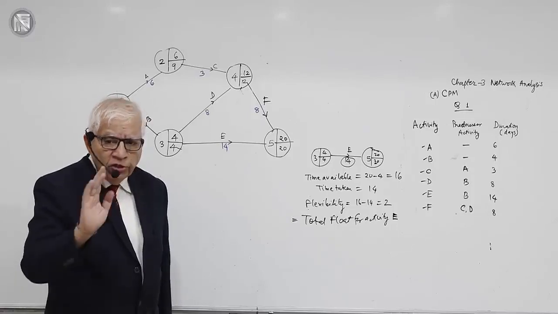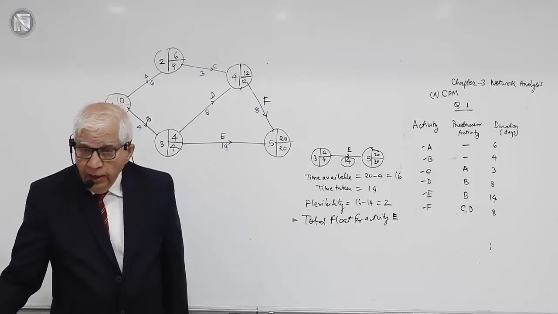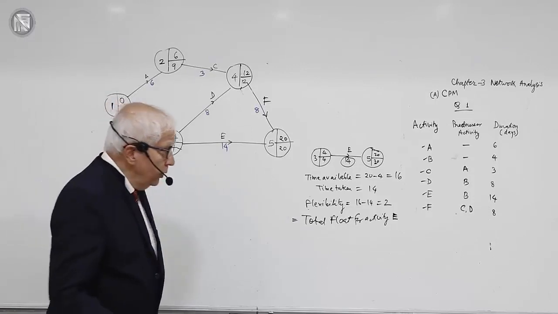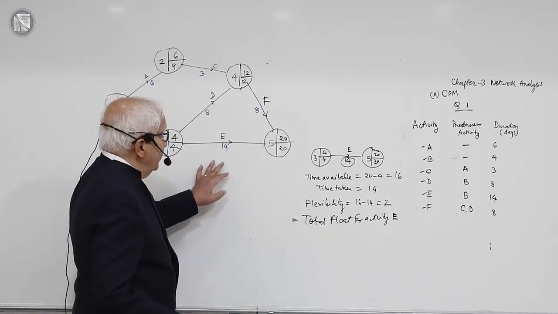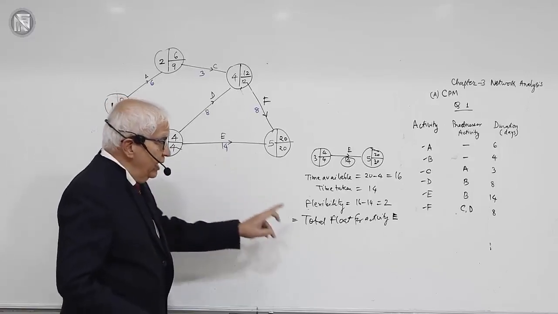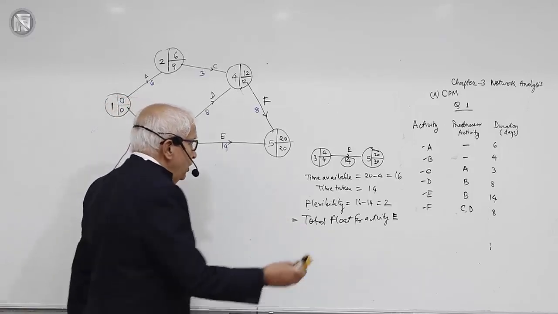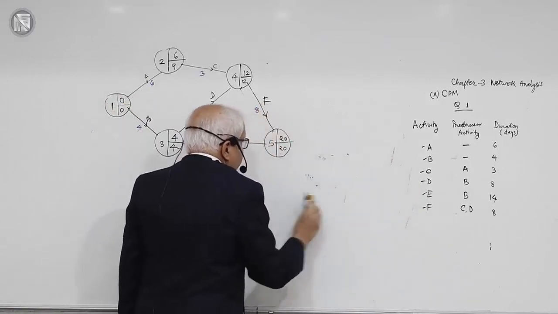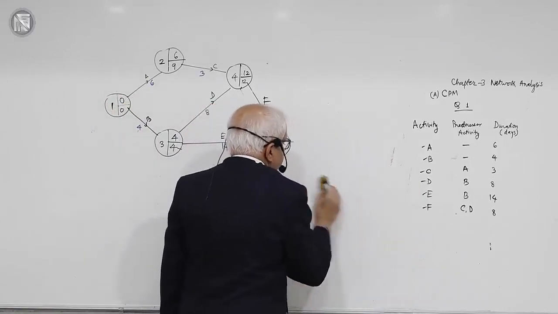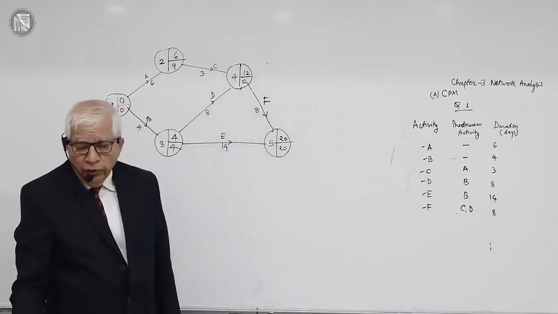The activity must be completed within the allotted time, otherwise the project will be delayed. So we have understood that activity E has some kind of freedom or flexibility, to the extent of 2 days. I'll introduce the mathematical formula a little later, but I'm just trying to understand which activities have some freedom, which activities do not.